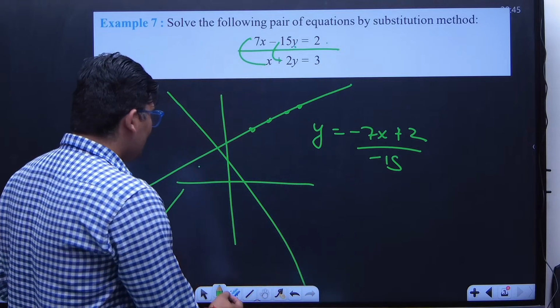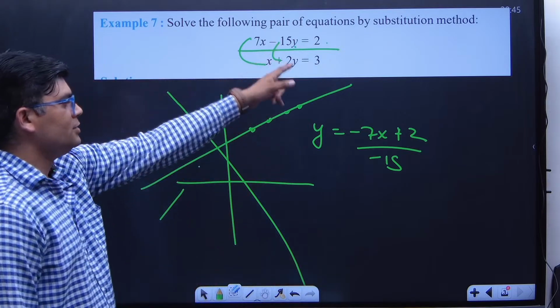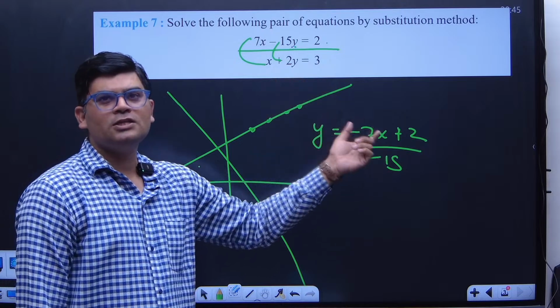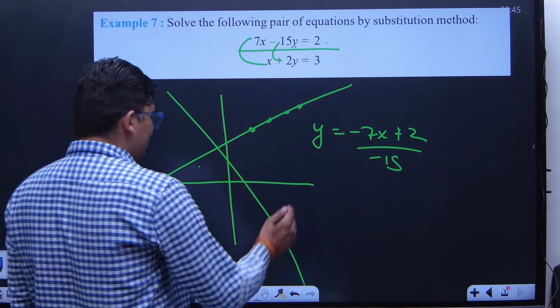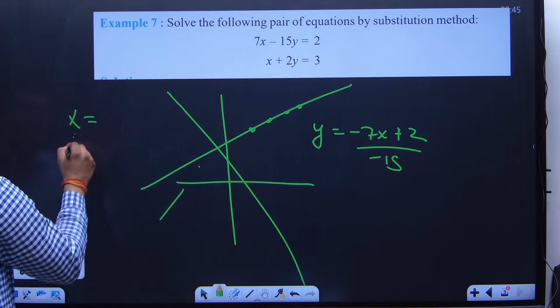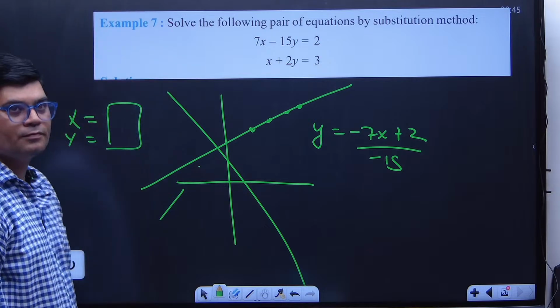So how to find that? From equation 1, see what is y? I can substitute this value of y in equation 2 because I need to find x and y for which the values are the same in both equations.